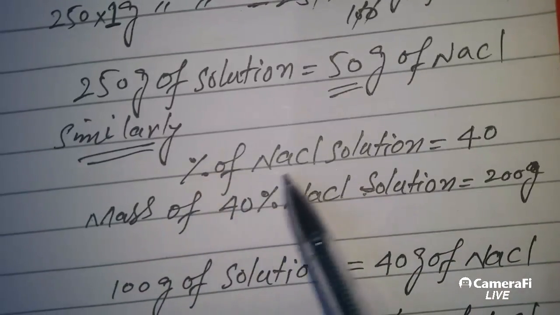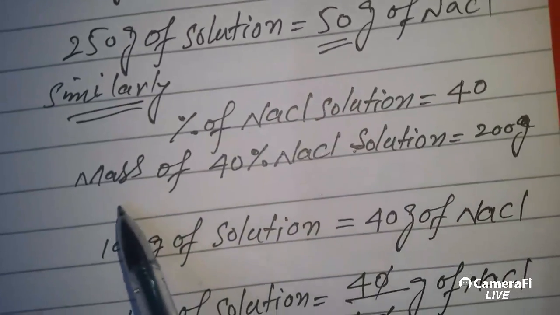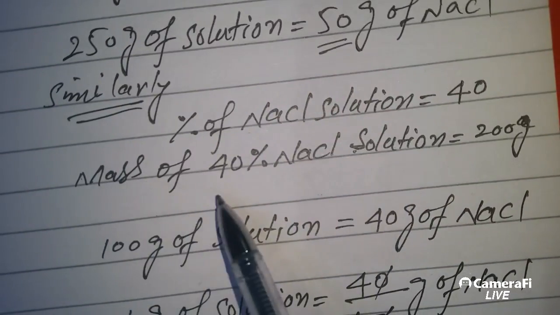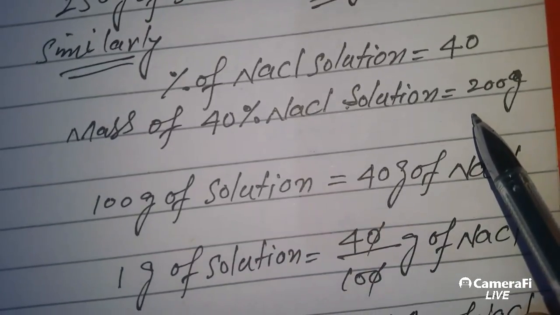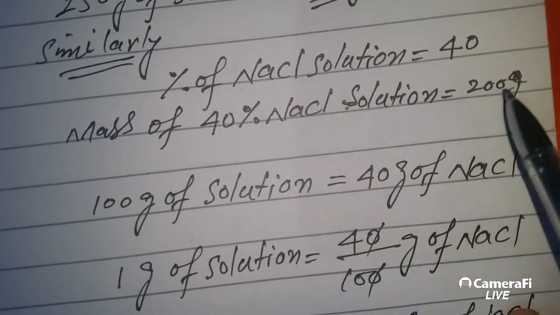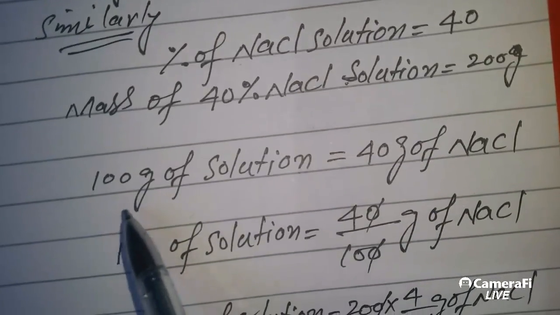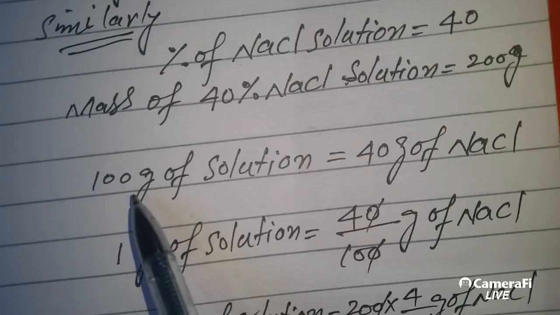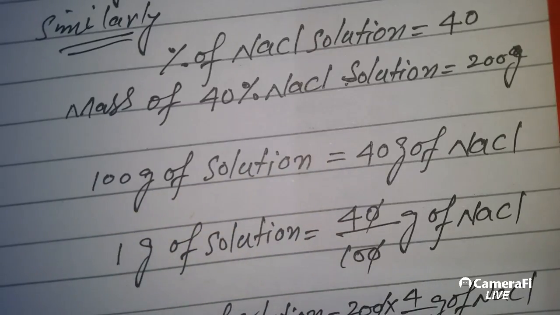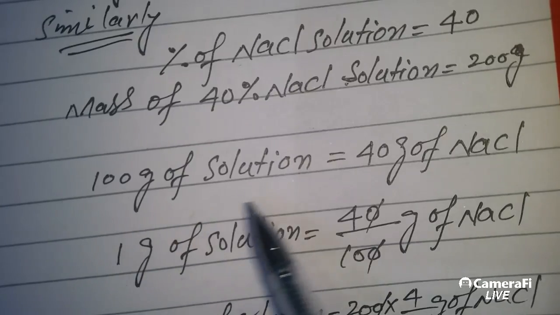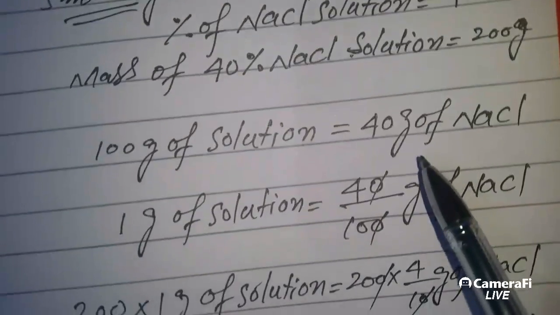Similarly, percentage of NaCl in the second solution is 40. So mass of 40% NaCl solution is also given as 200 grams. Similarly, 40% solution of NaCl means that in 100 grams of solution we will have 40 grams of NaCl.